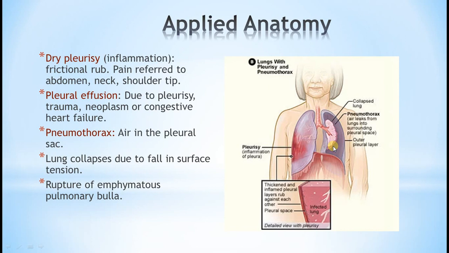If that is not maintained, then the lung will collapse because the surface tension is not maintained. That may be due to rupture of a pulmonary bulla. Any pulmonary bulla might get ruptured. That is one reason.